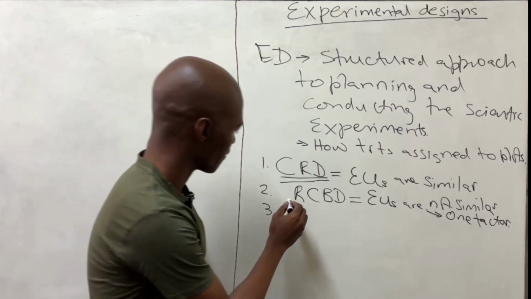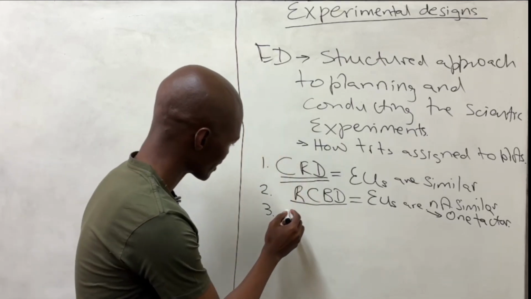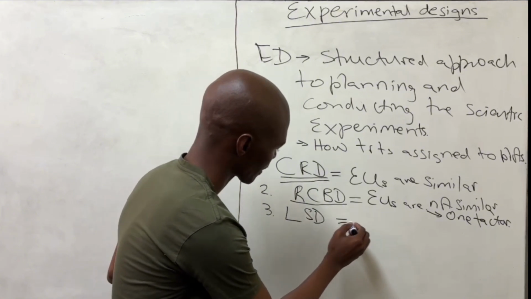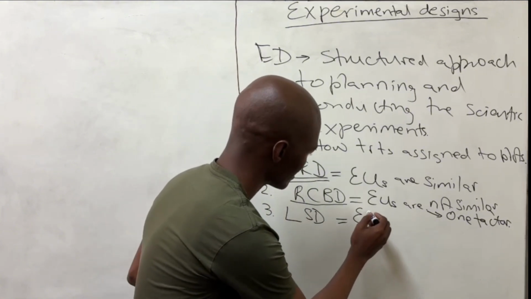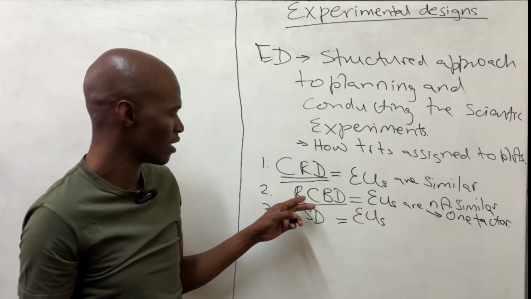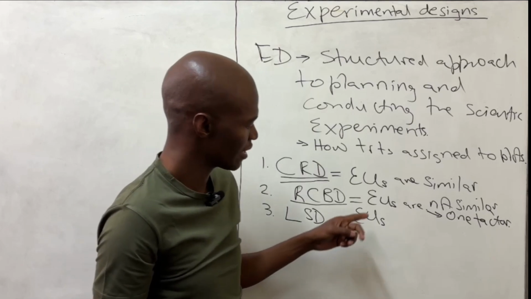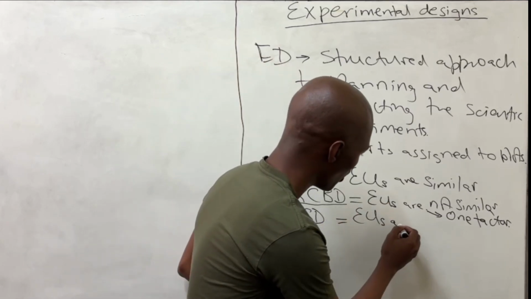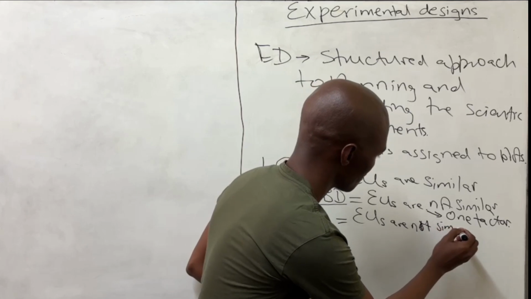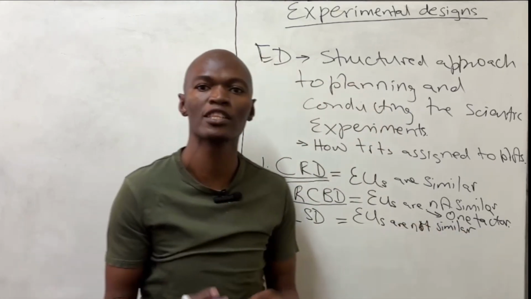Then we also have another experimental design. We call it the Latin square design. The Latin square design is almost similar to the randomized complete block design. In this one, the experimental units are not the same; they are heterogeneous.